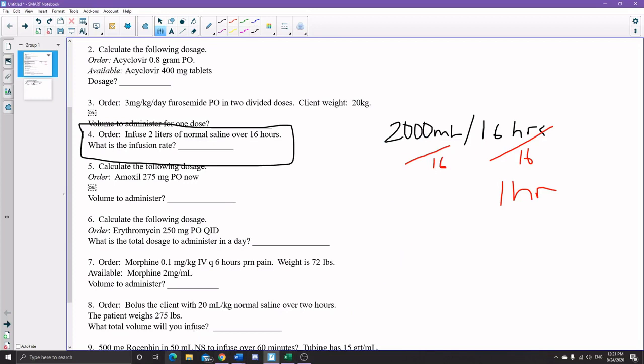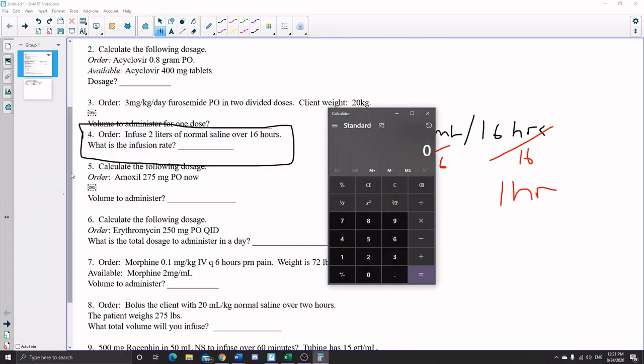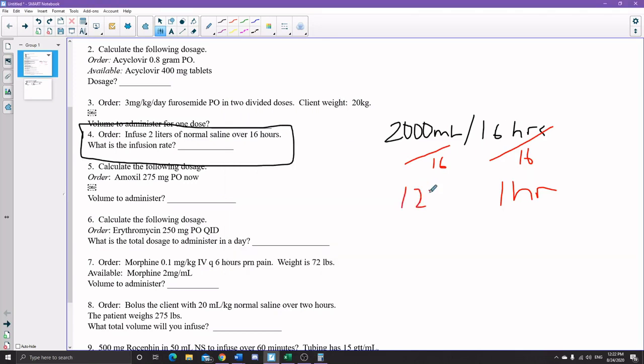Where's my calculator? I would divide the 2,000 divided by 16. And that's 125 ml per hour. Okay?